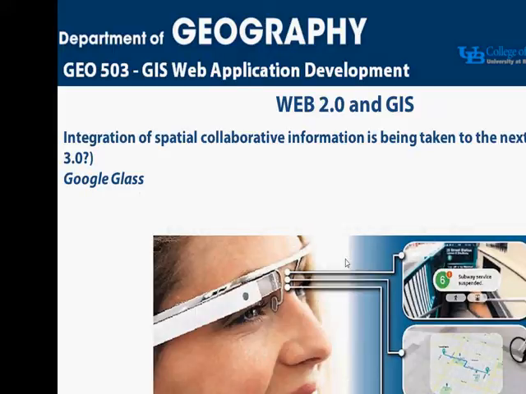But Google Web 3.0 is the integration of additional spatial collaborative information being taken to the next level with additional devices that you wouldn't traditionally expect to find content on, such as glasses. Google was developing these, which I would never wear, but something tells me the next generation younger than me, maybe even younger than you, wouldn't have a problem with it.